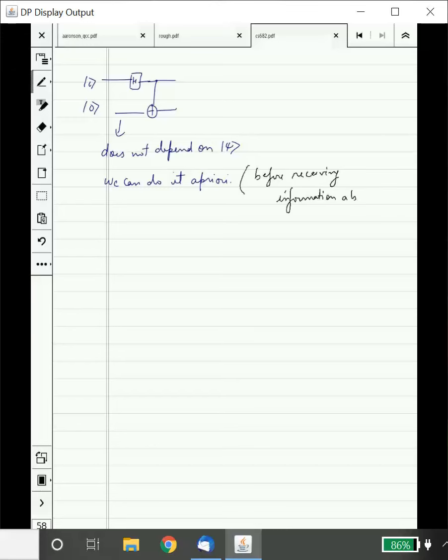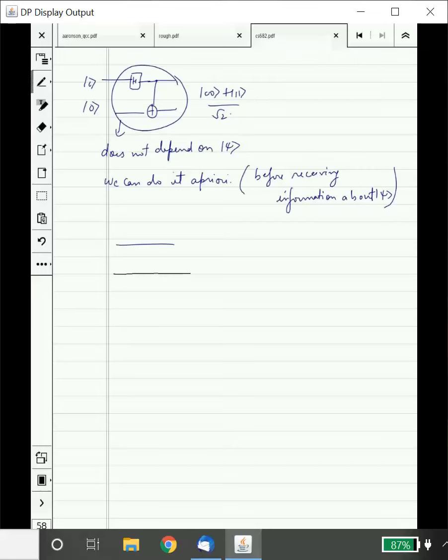This is another major thing to notice, and if you see this, then you will notice that the final state is 0,0 plus 1,1 by root 2. So instead of applying this later, we can start with the qubits in the state 0,0 plus 1,1 by root 2. That means we will not have to apply these gates in action.